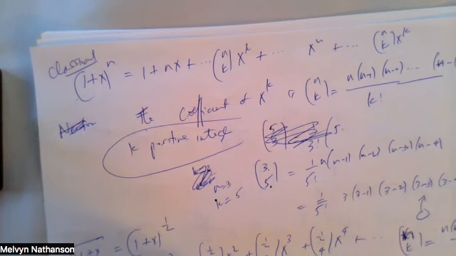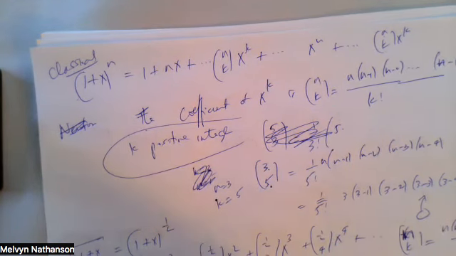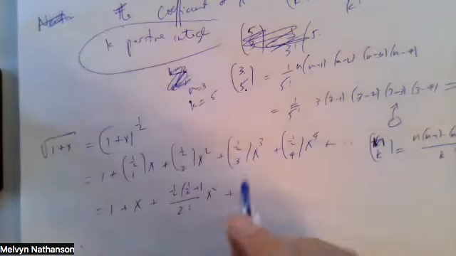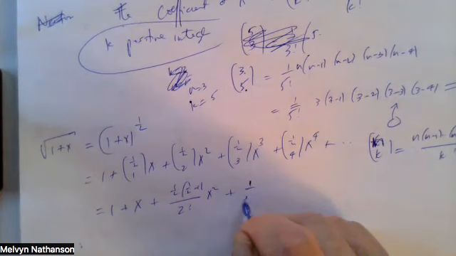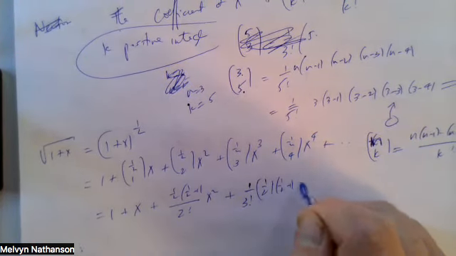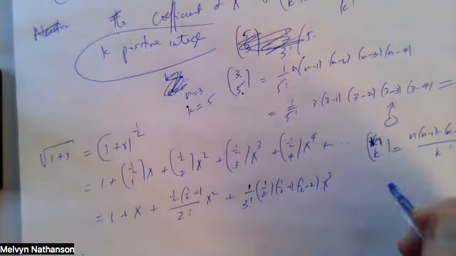So this is 1 plus 1 over 1. What is this term? I have a half, a half minus 1 over 2 factorial x squared. A half choose 3, that's 1 over 3 factorial, a half, a half minus 1, a half minus 2 times x cubed.